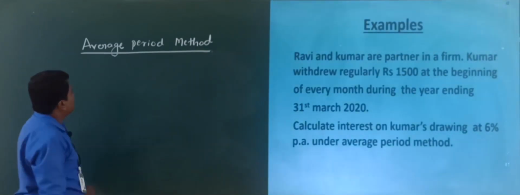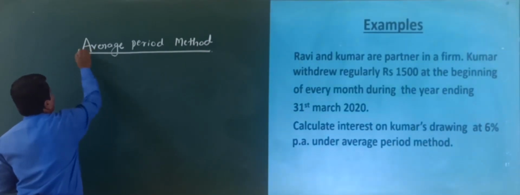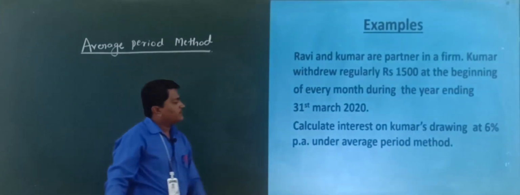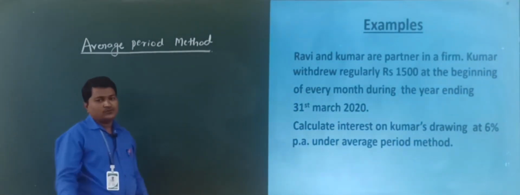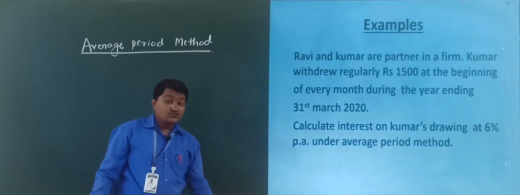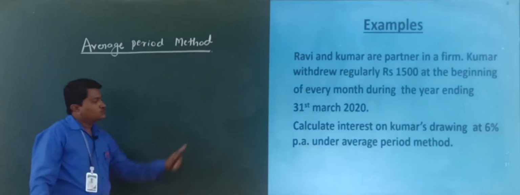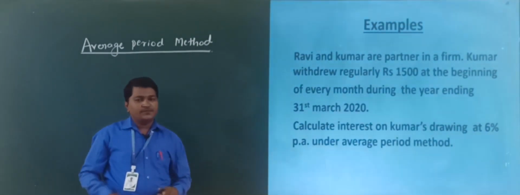You can give the title here as under average period method, or you can just write average period method. Otherwise you can also give shortcut method. So we are solving under the average period method, that's why I gave the title average period method.